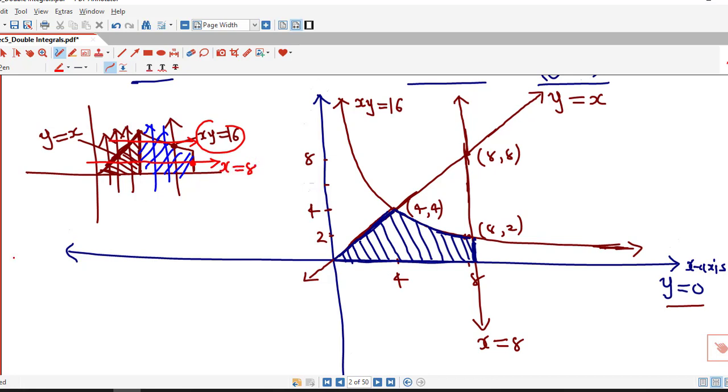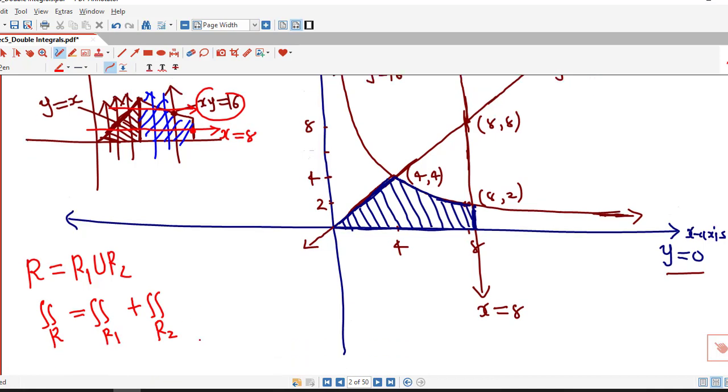So either we consider a horizontal line or a vertical line, we have to divide our region of integration into two subregions. Whenever we have this type of situation, we divide our region into two subregions, and the double integral over region R will be equal to the double integral over region R1 plus the double integral over region R2.